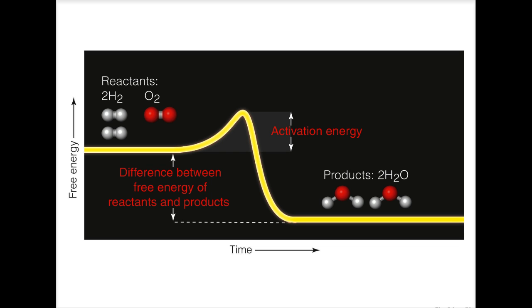So this is an energy profile of a reaction. And we can see along the x-axis time. So at this starting point is 0 time, and as we move to the right, the reaction is proceeding. On the y-axis, we have the amount of energy or free energy, which is basically energy that is available to do work.